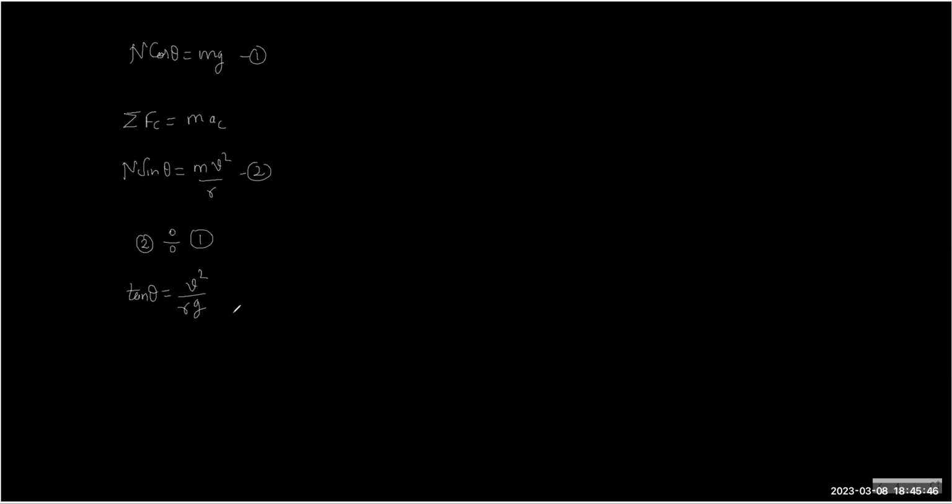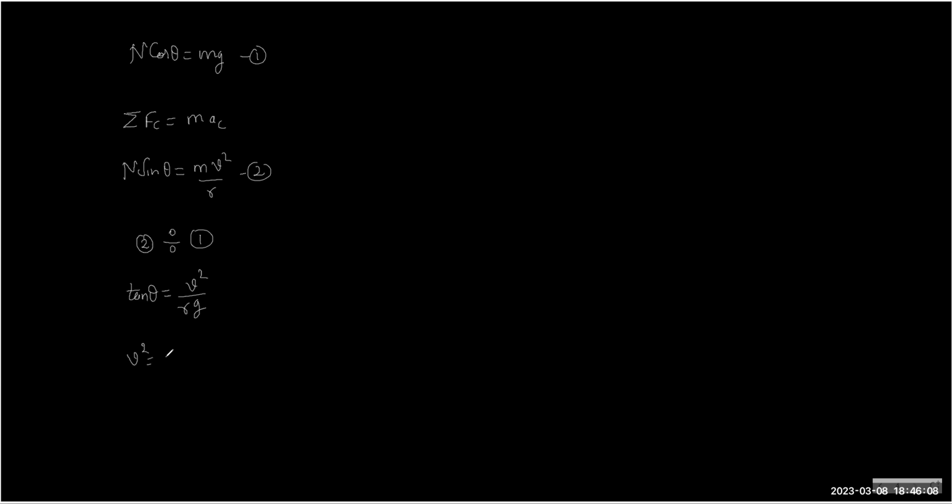Is this clear? Okay, tell me. The track radius is constant, g is constant, theta is constant or variable? Constant, very good.